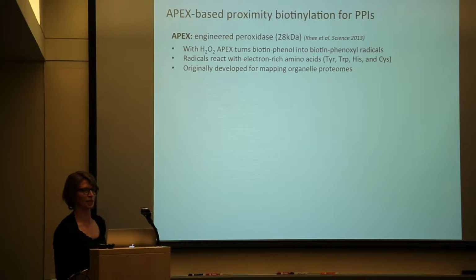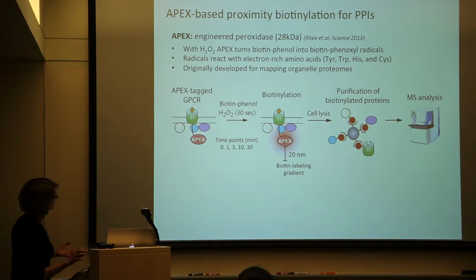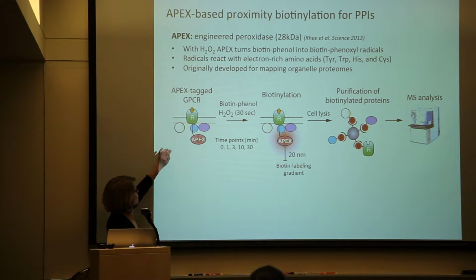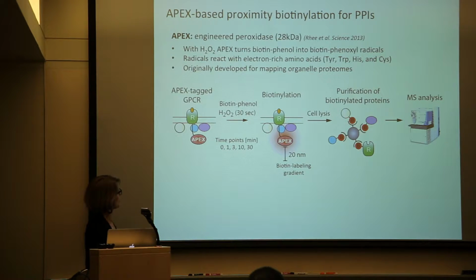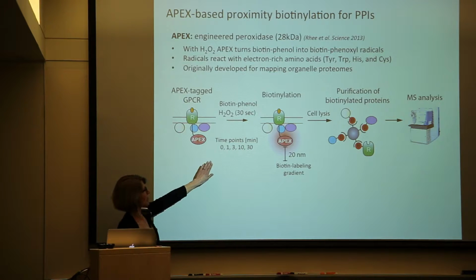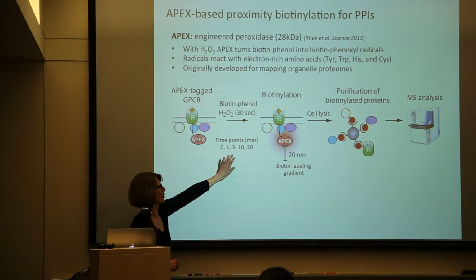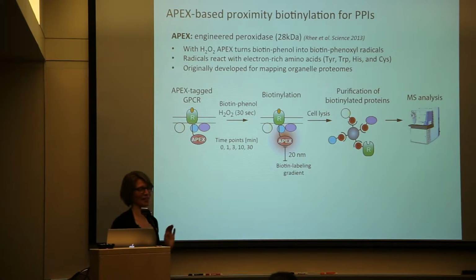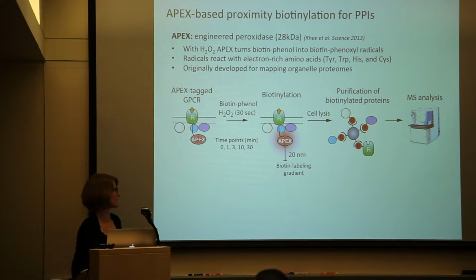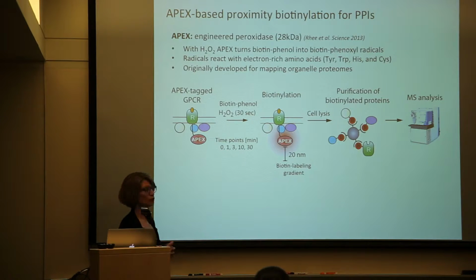So how can we use this enzyme for studying G protein coupled receptor interactions? We fused APEX to the GPCR, and then we expressed the fusion protein in the cell. We treat the cells with biotin phenol, which is necessary for the biotinylation reaction. Then at several time points after agonist treatment, here 0, 1, 3, 10, and 30 minutes, which reflect different stages of the activity of the receptor, we add H2O2 for 30 seconds to the cells.